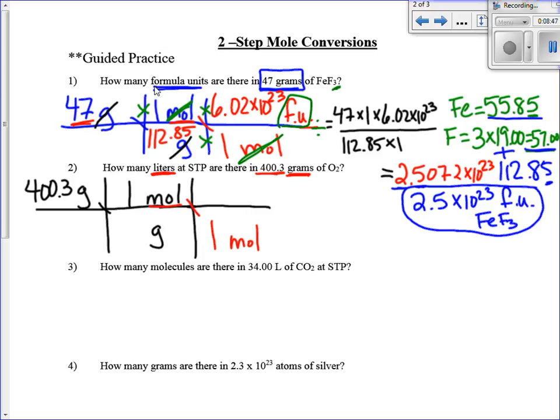Now, what is the magic number for liters at STP? It is 22.4. So we need to memorize that number, 22.4 liters, right? We only have to do one little thing. I always wait to do the mass at the end because that's going to take an extra step. We need to calculate the molar mass of oxygen.